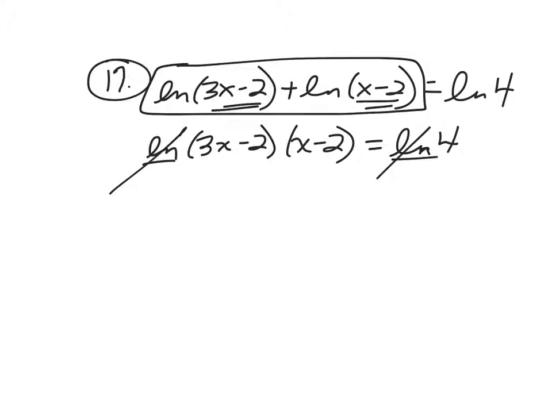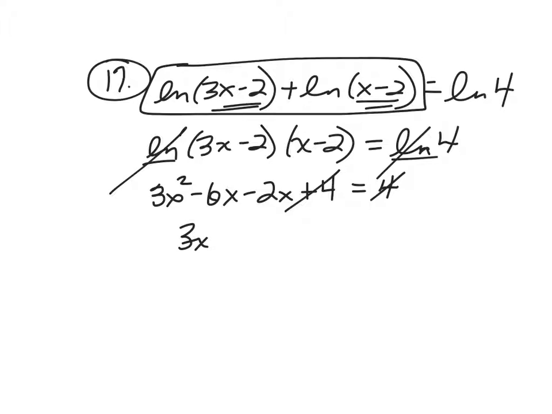We'll multiply all this out over here, so I have 3x squared minus 6x minus 2x plus 4 is equal to 4. And that's a quadratic equation. So we'll get a 0. Now these 4's are going to cancel. So I have 3x squared minus 8x is equal to 0.